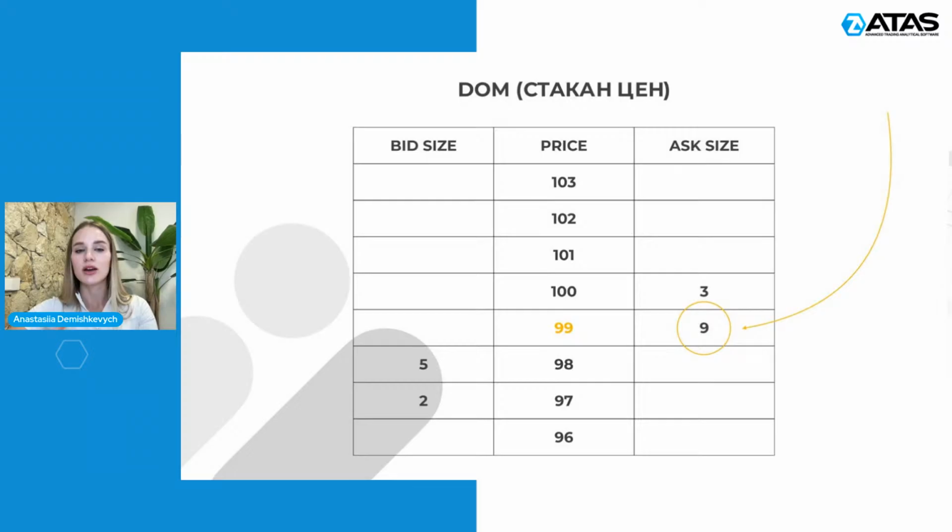Now, one thing that is important to understand is that all 5 contracts came from trader number 2. All 5 contracts that were cleared out belong to the second trader because he placed his orders before trader number 5. So now at the 99 level, we still have 9 contracts left to sell, 5 of which belong to trader number 2, waiting to be filled by future aggressive buyers, and the other 4 belong to trader number 5.